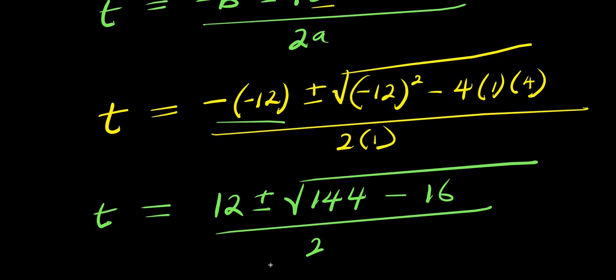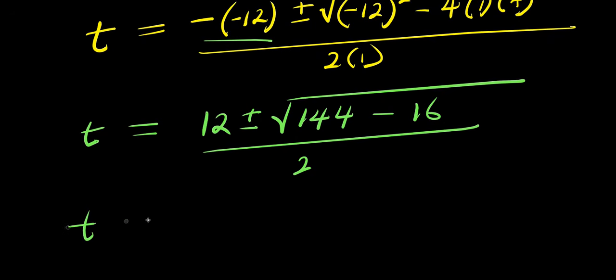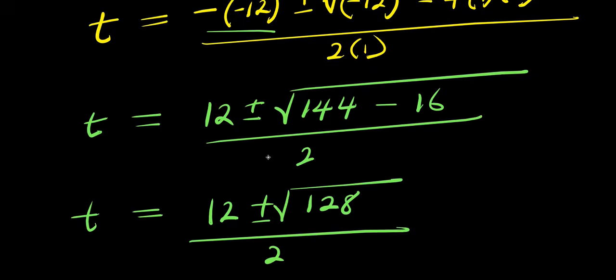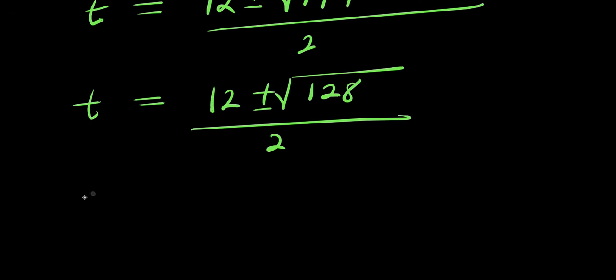So right here, I'm going to have t equals 12 plus or minus square root of 144 minus 16. We are simply going to have 128 divided by 2. From here, I have t equals 12 plus or minus square root of 128.